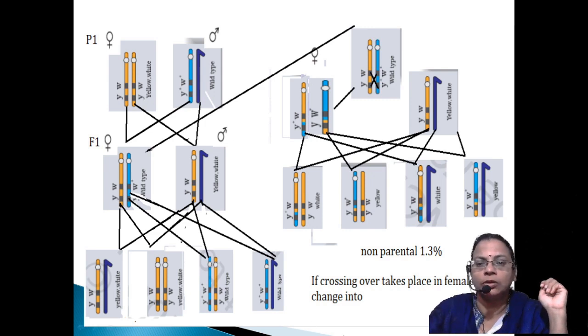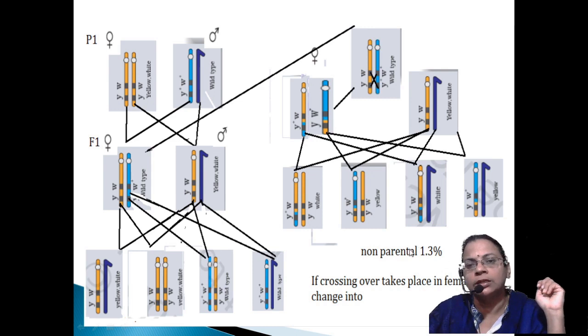And in that he found out the percentage of crossing over, the non-parental combinations, increased. Then he came to the conclusion that whenever the percentage of recombinants is increasing, it means the distance between the genes is more.